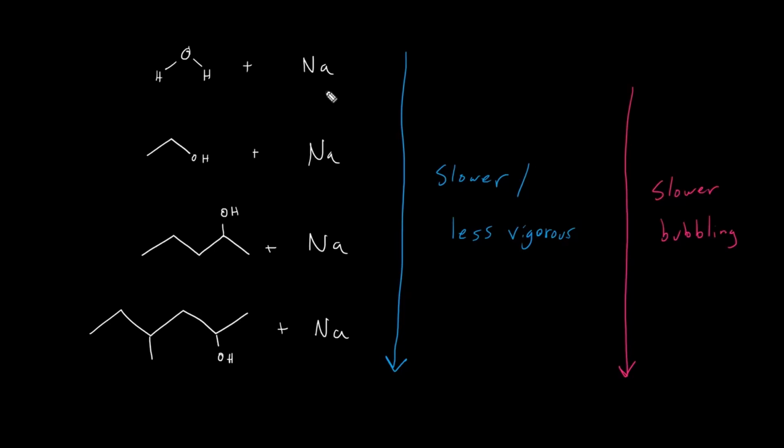And because they're asking us what would we observe, we don't just say it's slower. We need to say that the observation gets slower. The observation for this reaction was bubbling because hydrogen gas gets produced. So as we go down, as this carbon chain gets longer, we say that there is slower bubbling as our observation.